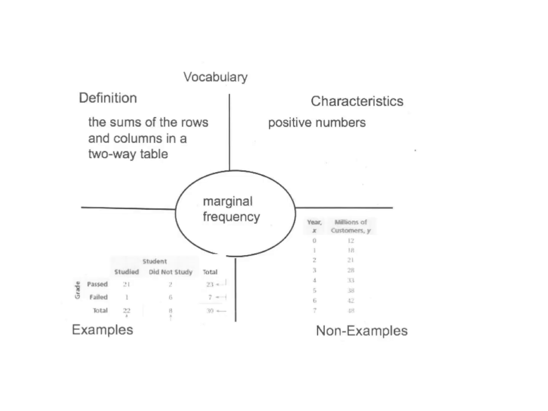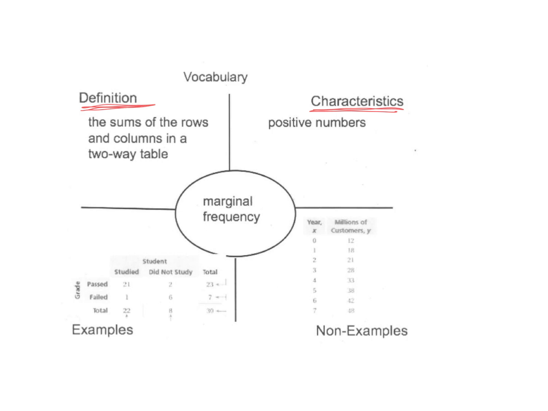This marginal frequency information is actually its own page, and it says marginal frequency. Let's go ahead and write the definition. It is the sum of the rows and columns in a two-way table. You also need to write down your characteristics. All of the numbers in this, they're positives.